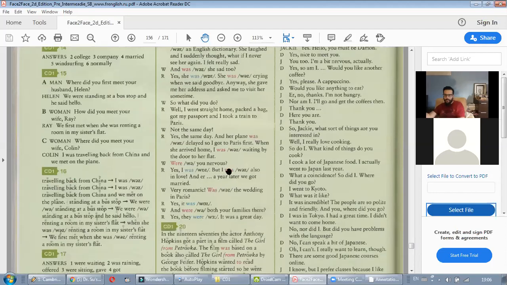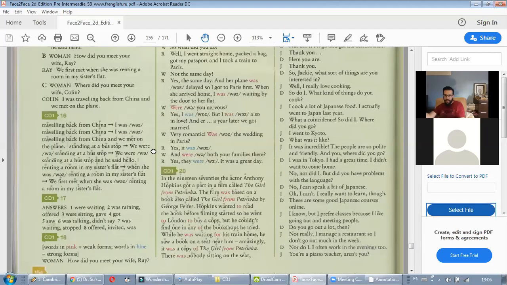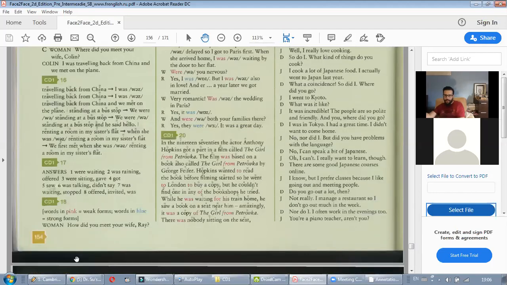Okay, so we're going to start here in track 18. Can you see where we are now, Mohammed? Track 18? Yes. Okay, do you see the key? It says words in pink. This means it's a weak form of was and were, okay? And words in blue, this is the strong form of was and were, all right?